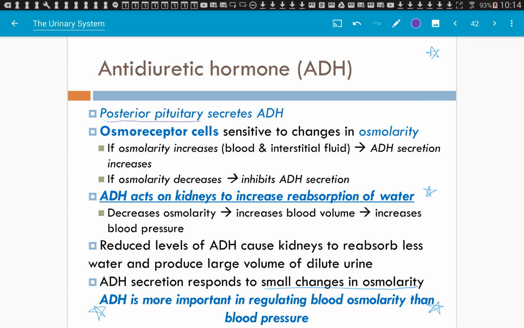It is triggered when your osmoreceptor cells pick up a change in osmolarity. That means maybe there's too many solutes in the blood or not enough solutes in the blood.